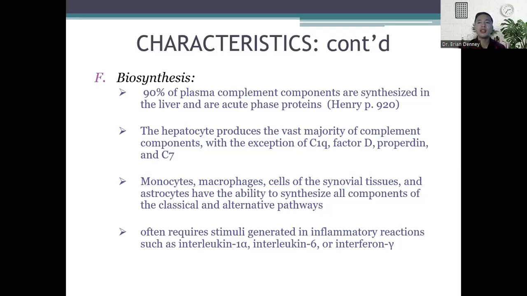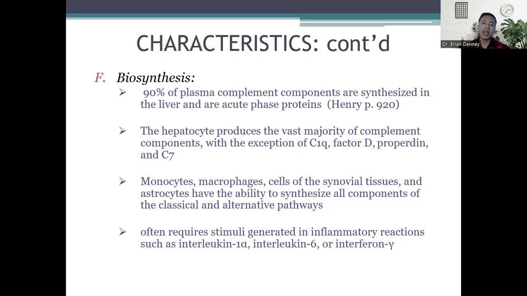During an inflammatory process, you see an increased level of your complement proteins. That's why we call these acute phase proteins, those proteins which increase in number during an inflammatory process.